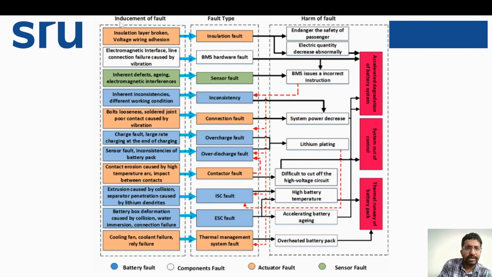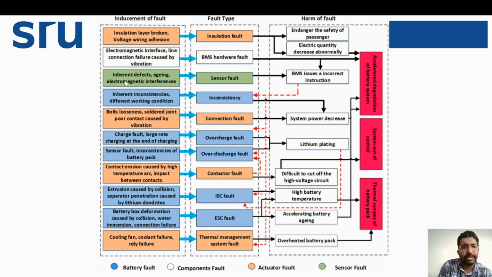Like inducement of the fault, then what type of fault needs to be identified, then the harm of the fault can be identified, and proper decision making can be taken. So these are all the BMS tasks that can be fulfilled at the cloud level by the sophisticated BMS design that we are expecting to have.